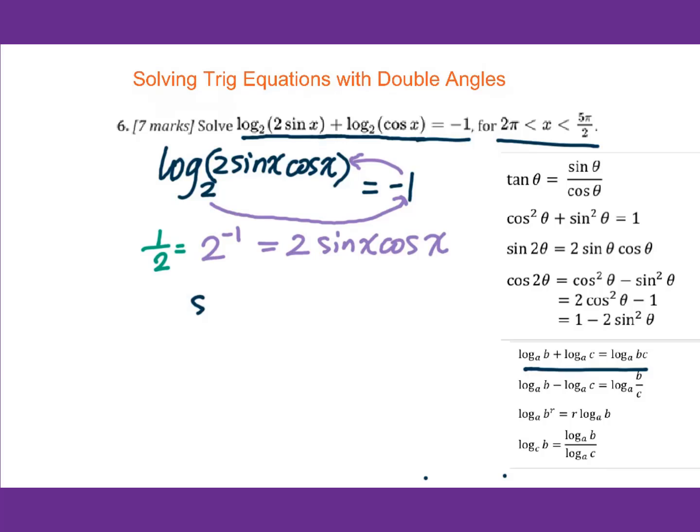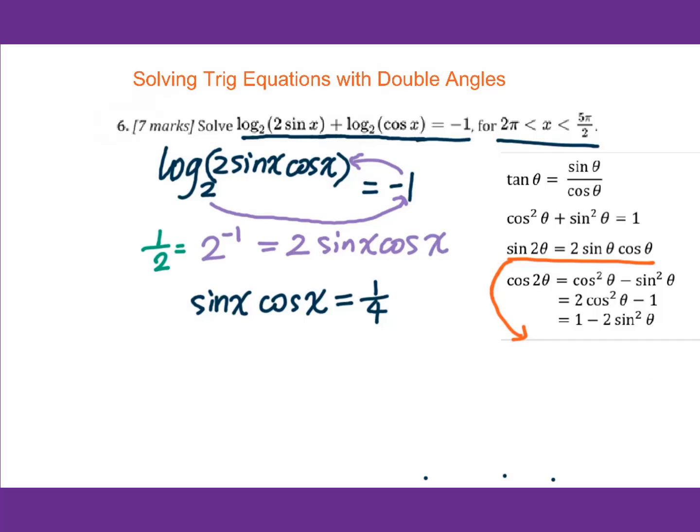So you get sin x cosine x equals, divided by 2 on both sides, 1 over 4. Here, you can get another form. That is sin theta times cosine theta equals 1/2 sin 2 theta.